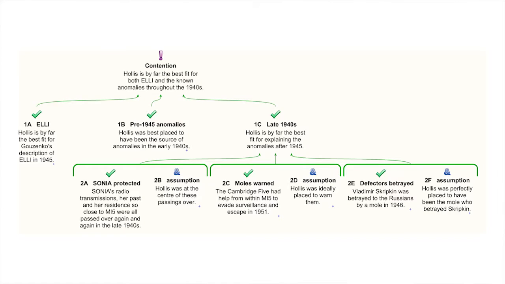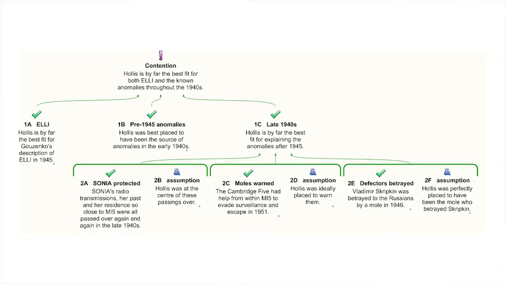Did he do so? Well, it's never been satisfactorily explored, and it won't do to settle for speculation or surmise. It needs to be critically examined in this wider context. Finally, a number of would-be defectors were betrayed on Hollis's watch.